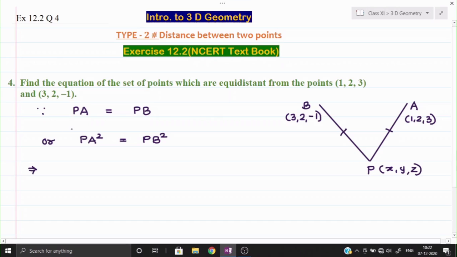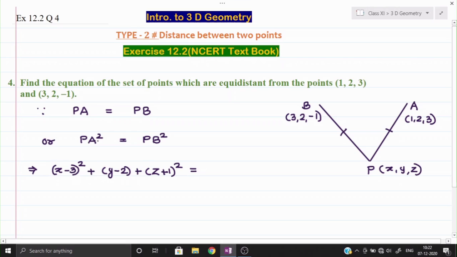So now let us find the distance PA, that we can write as (x minus 3) whole power 2 plus (y minus 2) whole power 2 plus (z plus 1) whole power 2. I just applied the distance formula for the length PA. Only I have not put the under root symbol on that because we are already finding the square of PA.